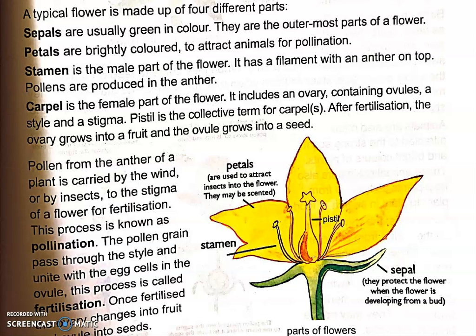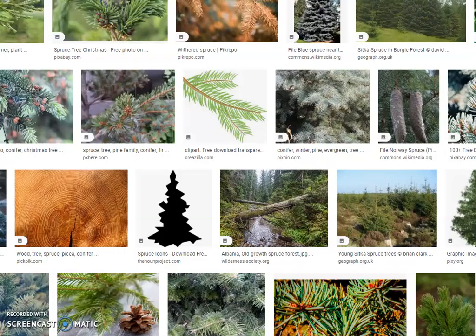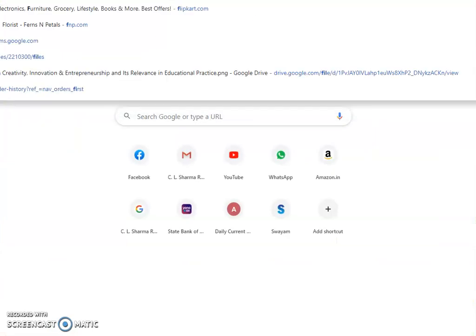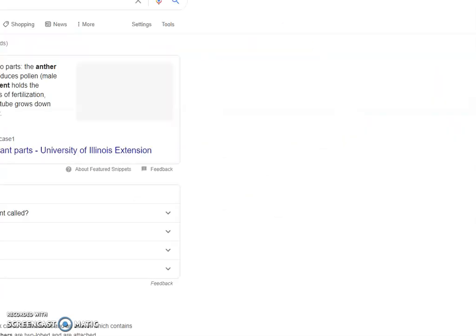Then stamen. Stamen is the male part of the flower. It has a filament with an anther on top. Pollens are generally produced in the anther. Let me show you the anther. Filament with anther.